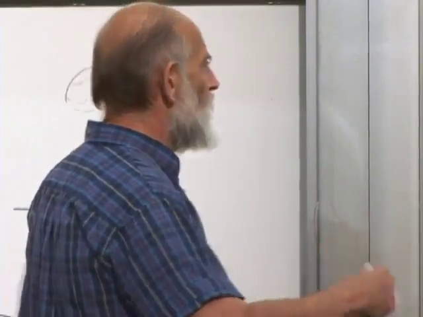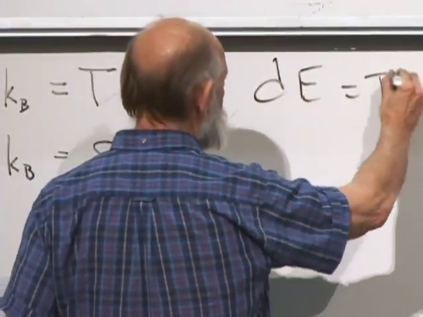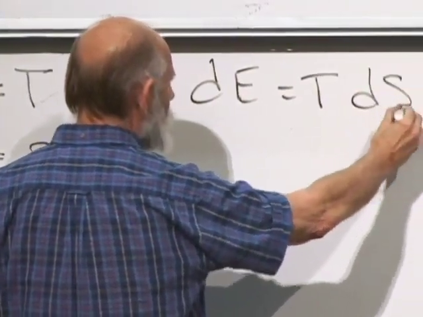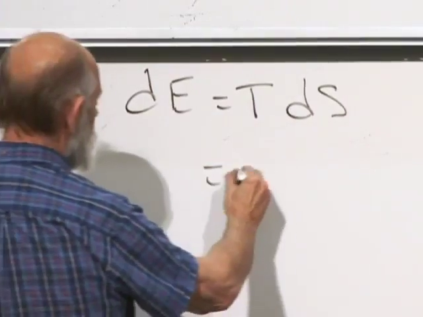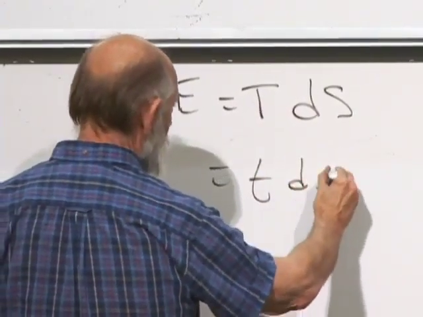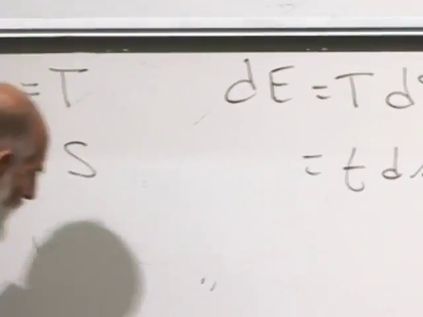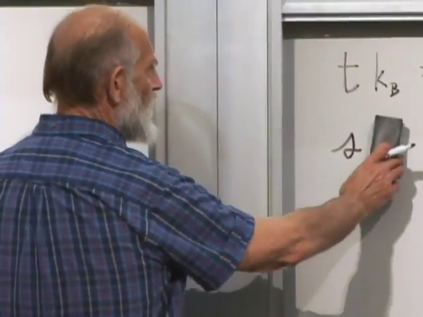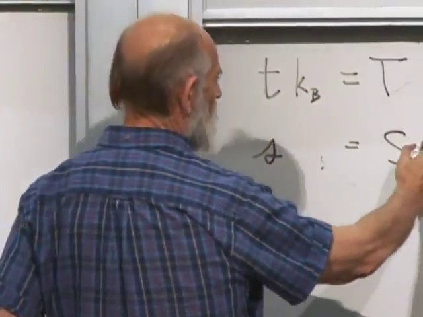Well, let's see. dE equals TdS, which should equal little t d little s. So I think I have this upside down. I think it's K Boltzmann in the denominator. Yeah, I think that's right.